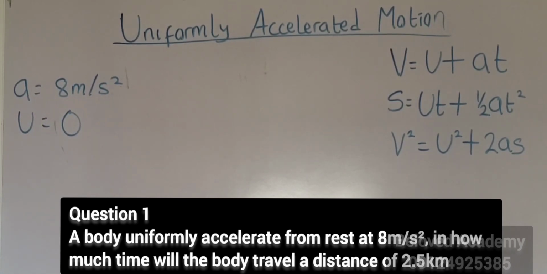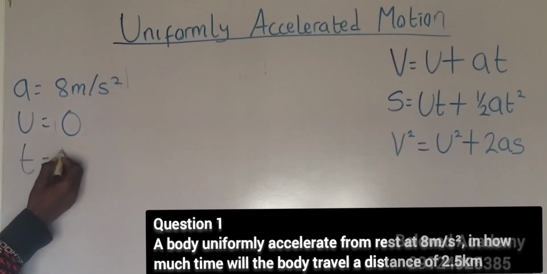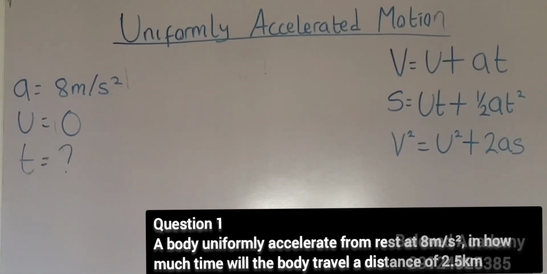Now the question says, in how much time will the body travel a distance of 2.5 kilometers? That is what we are asked to calculate. What we are asked to calculate is the time.